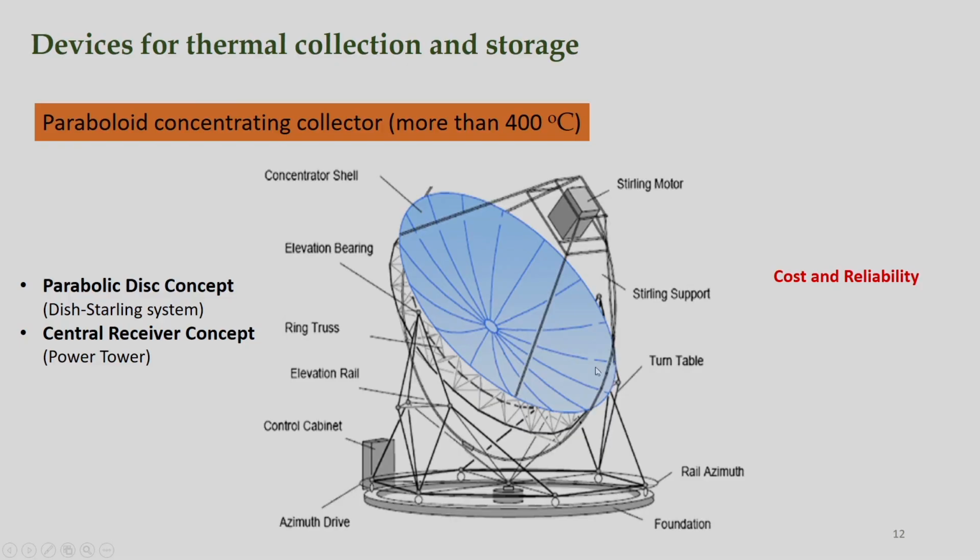We can also go for another concept called the central receiver concept, also known as power tower, for high temperature operation. This central receiver system will be discussed at the end of this presentation, when we discuss a solar power plant. For the parabolic dish concept, there are not many installations across the world because of cost and reliability.